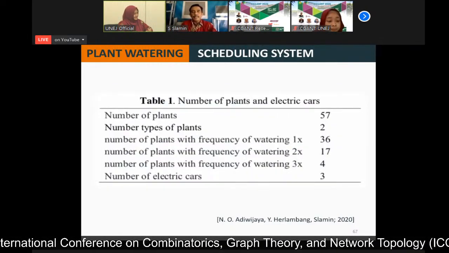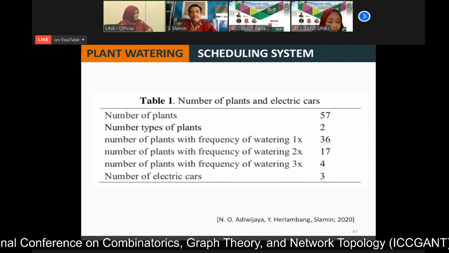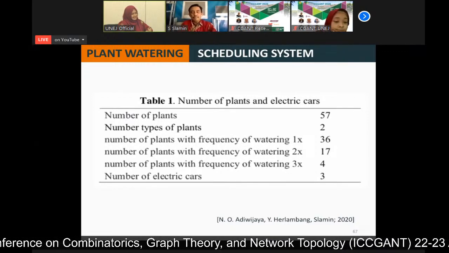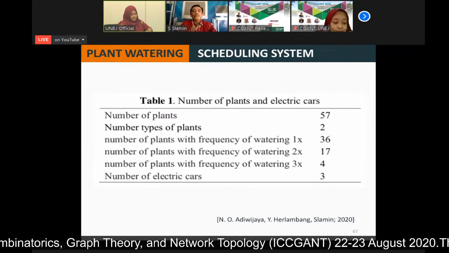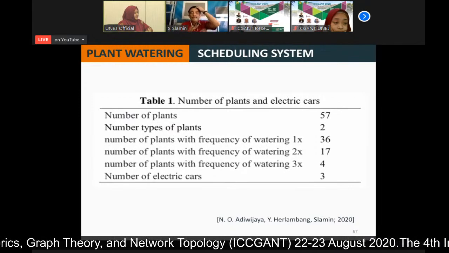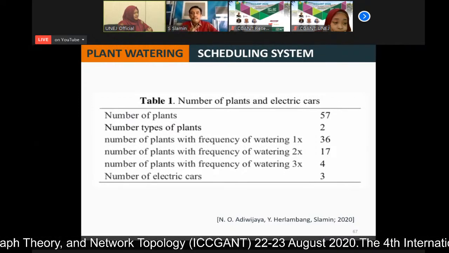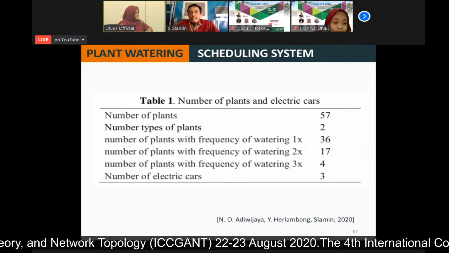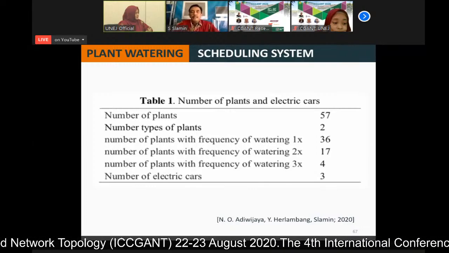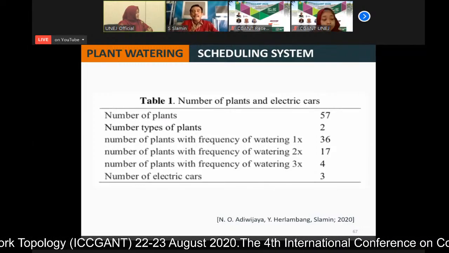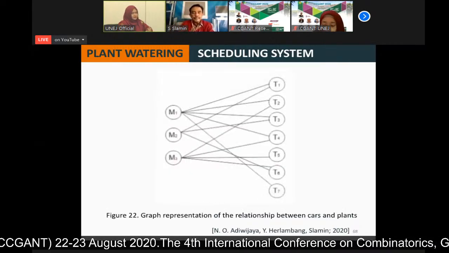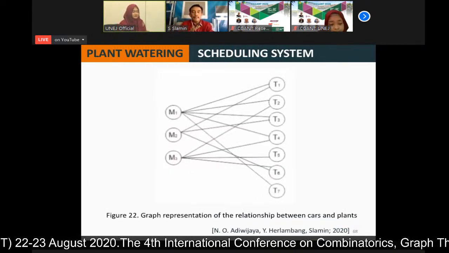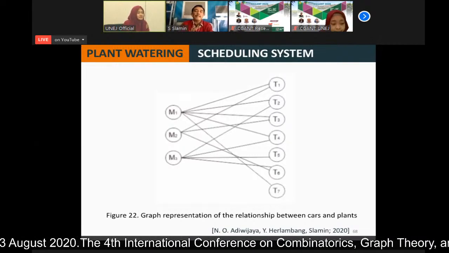We have an agriculture field and parks in our university, and we simulate if we plan to water the plants in that park using electric cars, actually, and we have this one for the representation of the relationship between cars and plants.